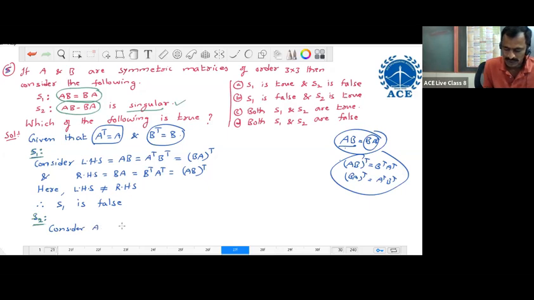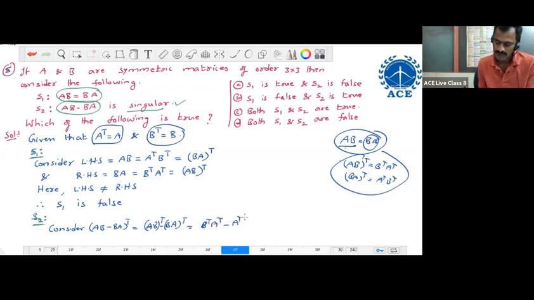Consider (AB minus BA) power T. This is equal to ((AB minus BA) power T) power T, equal to B power T, A power T minus A power T into B power T. But B transpose equal to B, A transpose equal to A. This is equal to minus (AB minus BA).